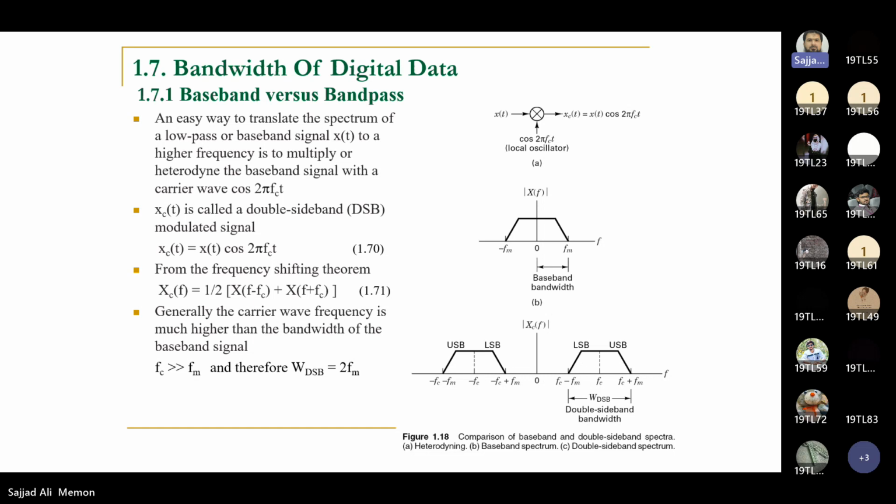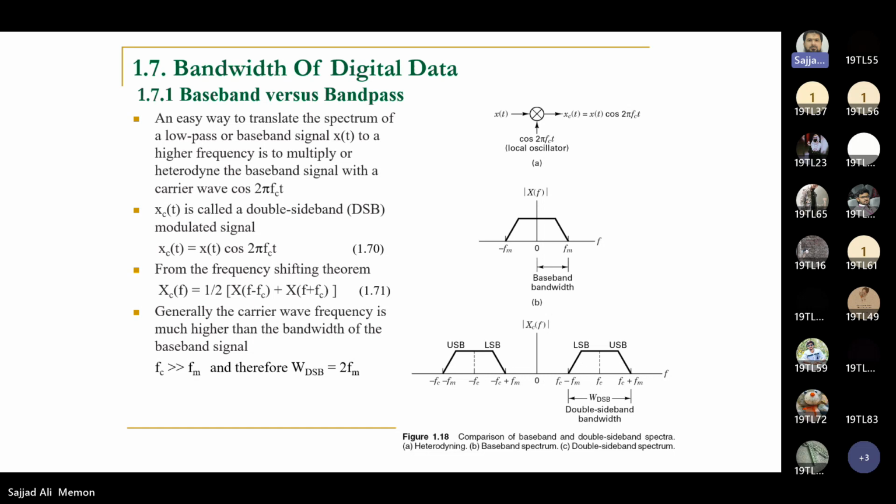So as you can see, that is the simplest way, x of t, and this one is your cos 2 pi f of ct. So multiplying the baseband signal with the carrier will shift the signal from baseband to bandpass, or the broadband signal.